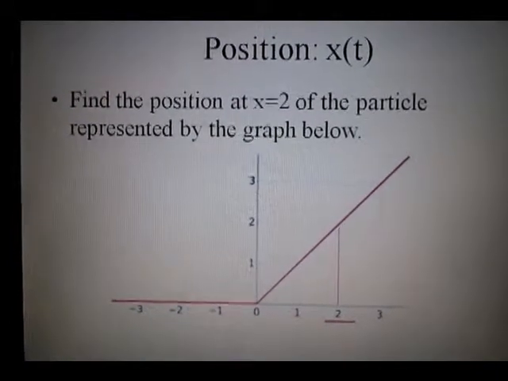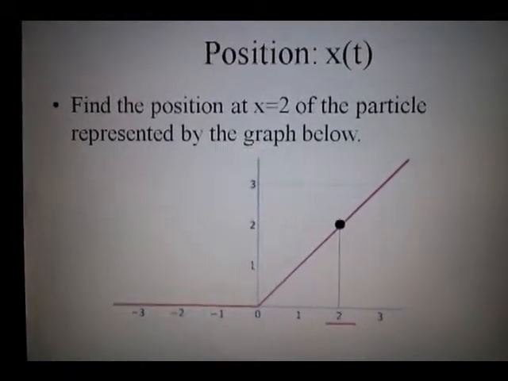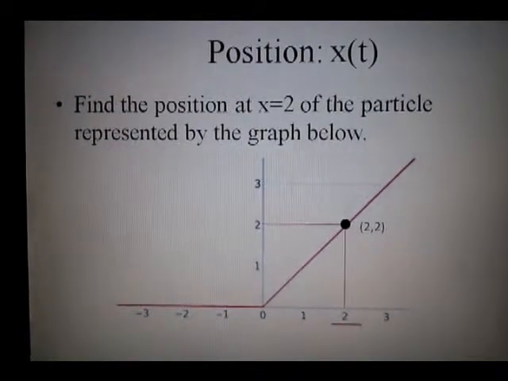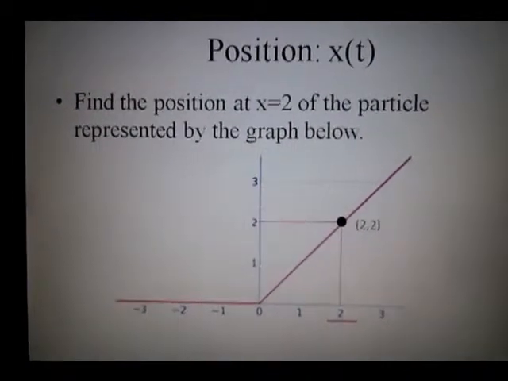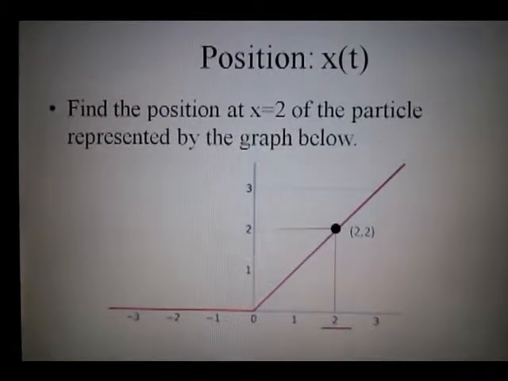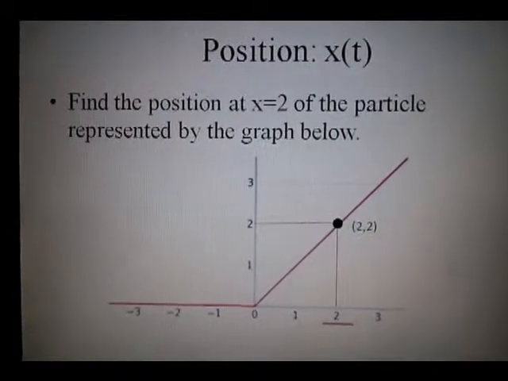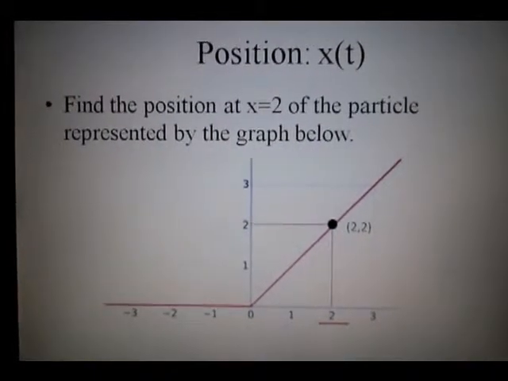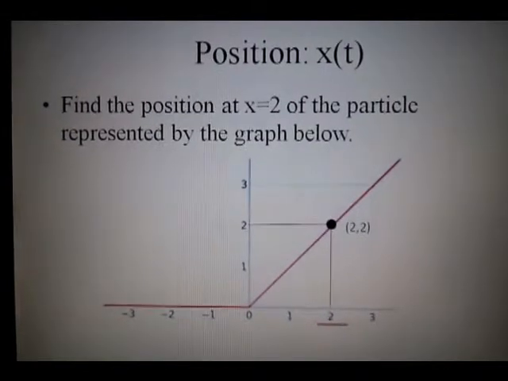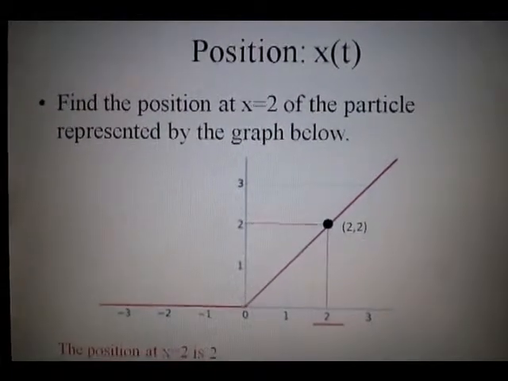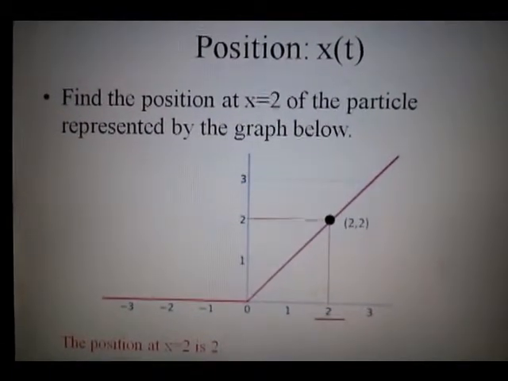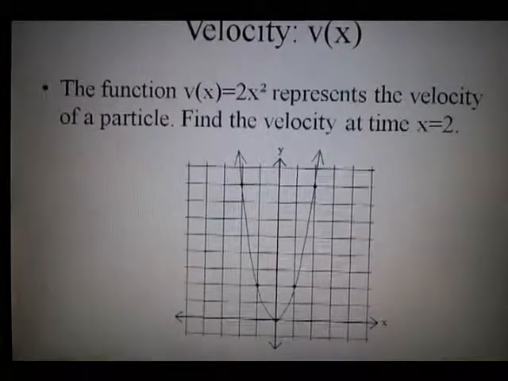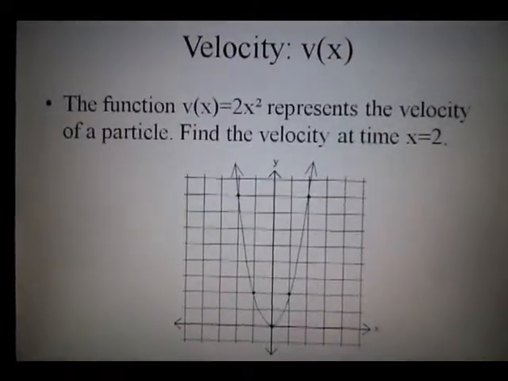And you follow it until you hit the function and find the point where that lies. As you can see, at x equals 2, the y is equal to 2 as well. Therefore, the position at x equals 2 is 3.